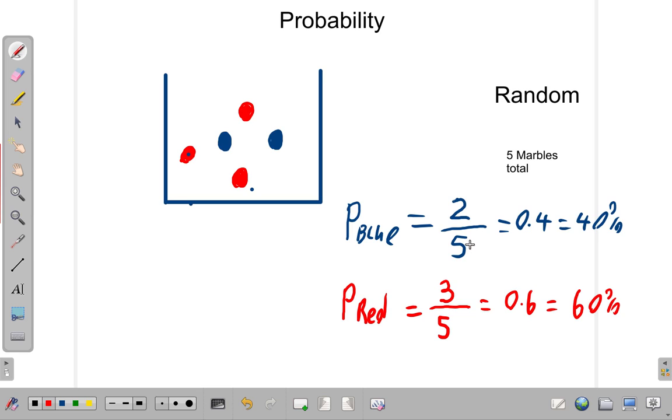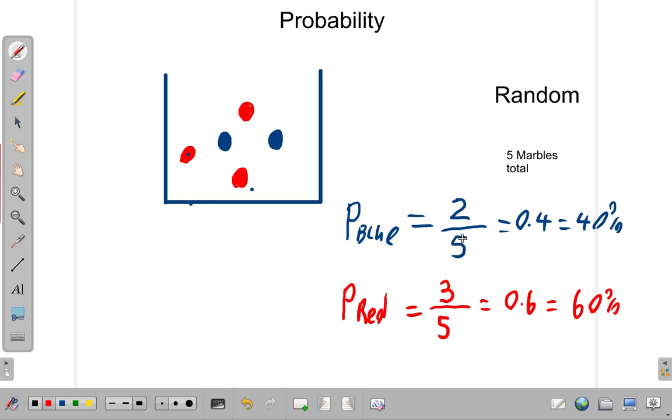The probability of you picking a particular colored marble is the number of those colored marbles that are in the box divided by the total number of marbles. All right? And you see why it needs to be random.